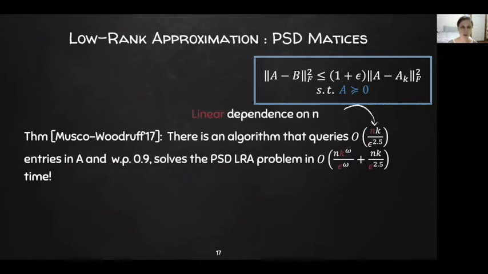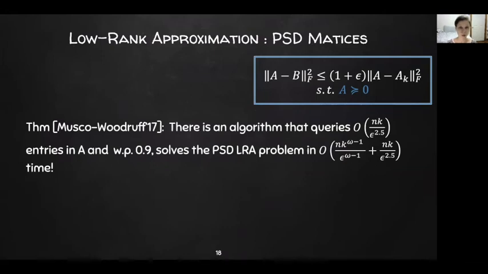In particular, there is a randomized algorithm that reads only linear in n entries to compute a low-rank approximation, which can be much smaller than the sparsity of the matrix. However, this algorithm incurs a polynomial dependence on the target rank and desired accuracy for both the query complexity and the running time.